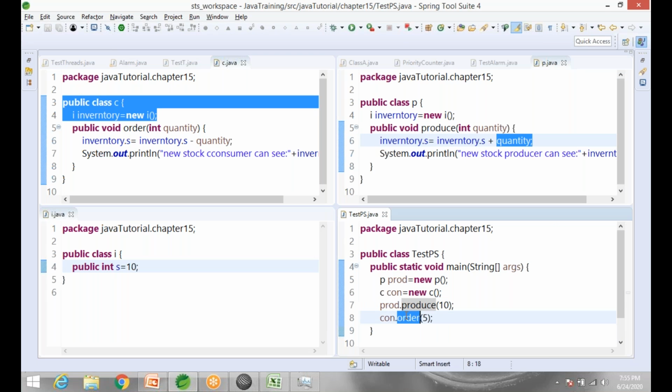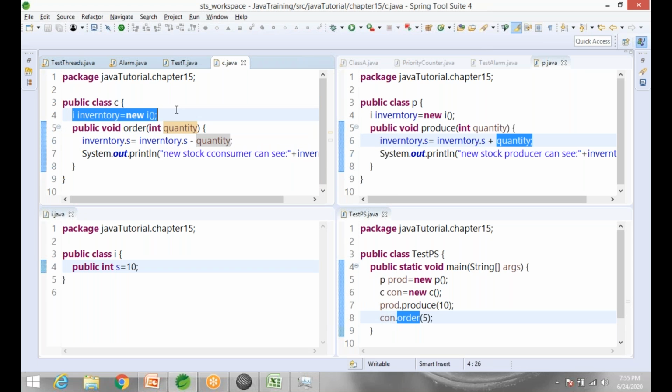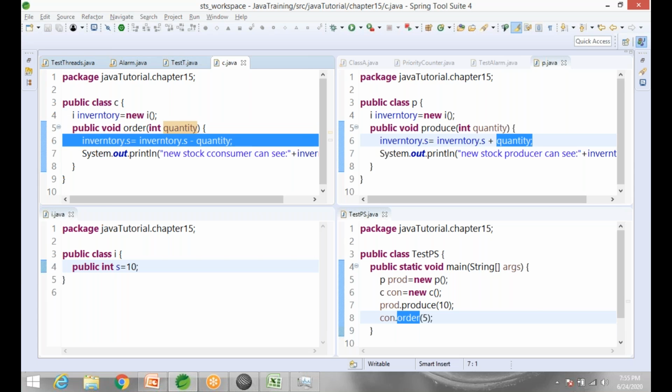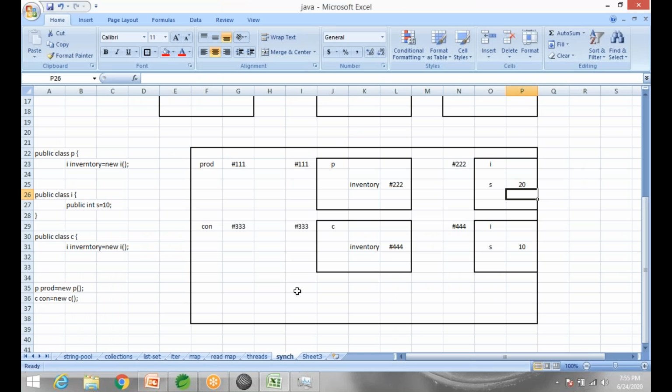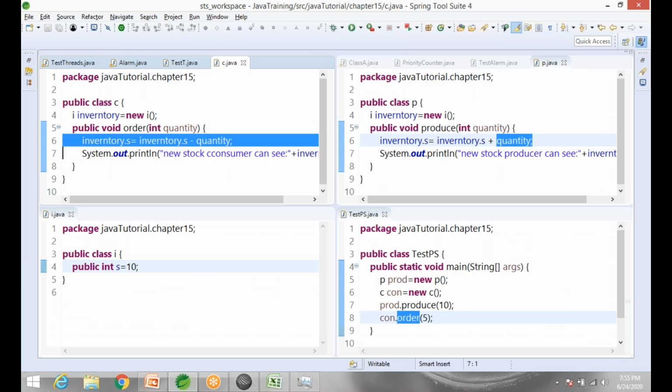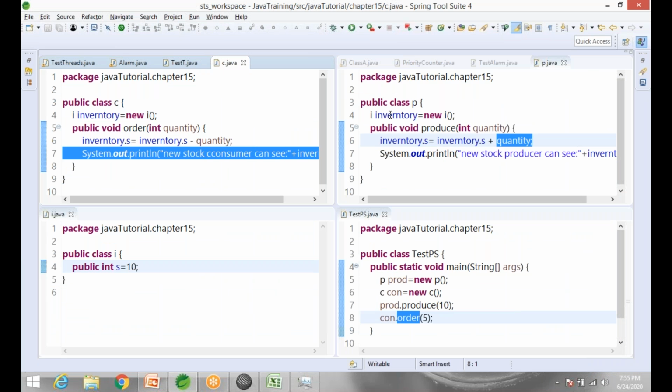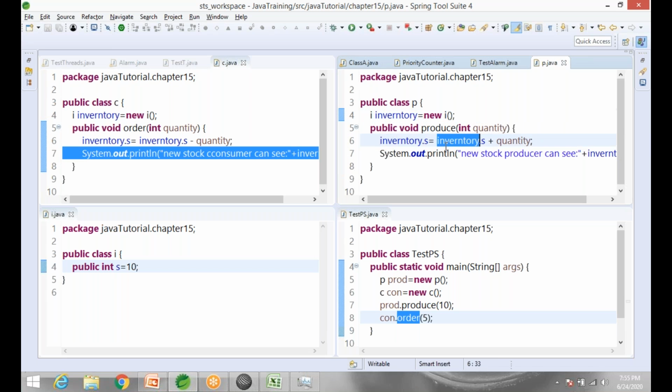When the consumer says, I want to order 5, the number 5 is deducted from its own copy of inventory. So consumer sees the stock as 5, whereas the producer sees the stock as 20.